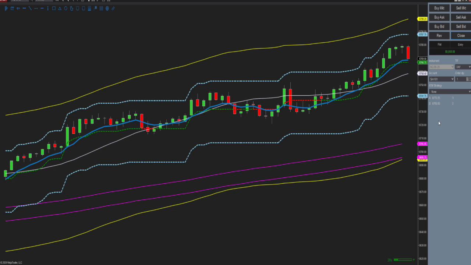Purple. Oh, you mean this down here, this magenta? These two magenta here?